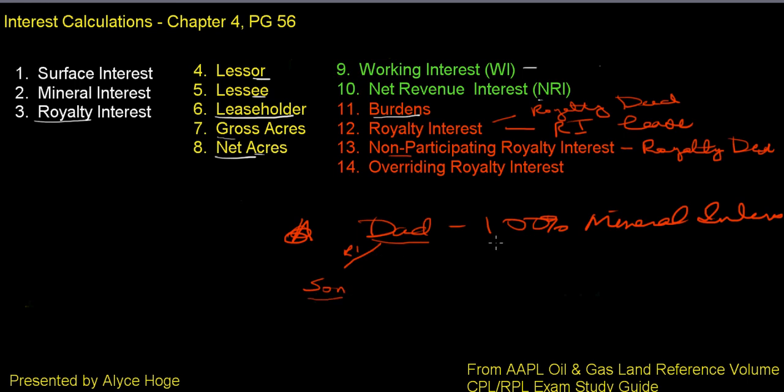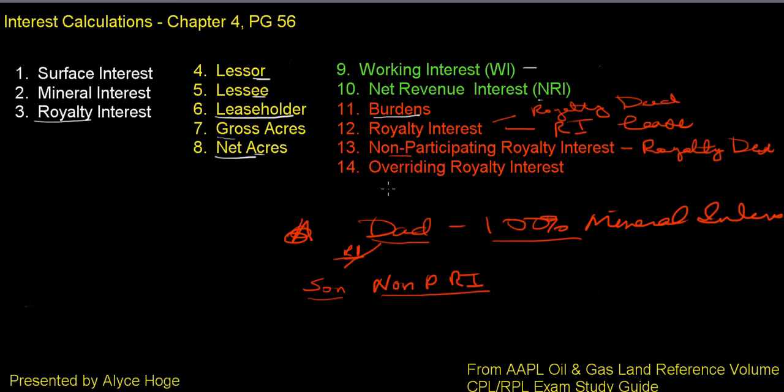Son has no executive right to sign that lease. Son is only entitled to a royalty interest, and for that reason we call them a non-participating royalty interest, meaning they don't participate in the lease, but they still get a share of the royalty payment. And so that's called a non-participating royalty interest.